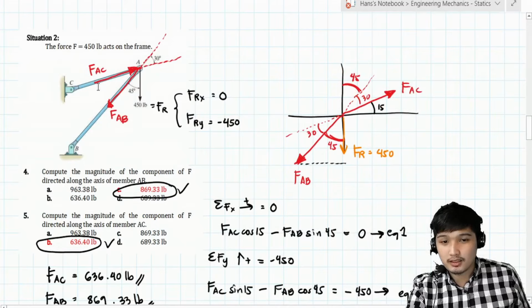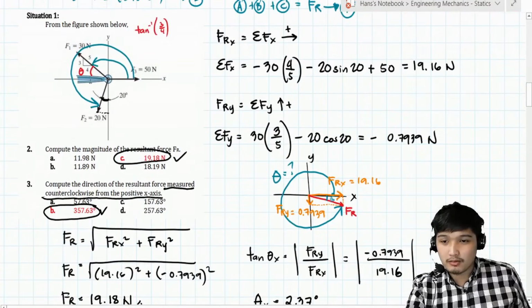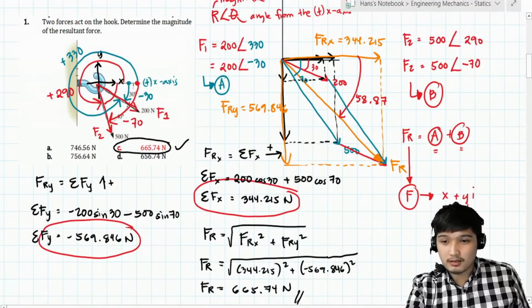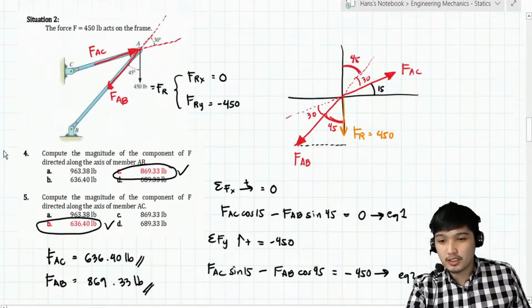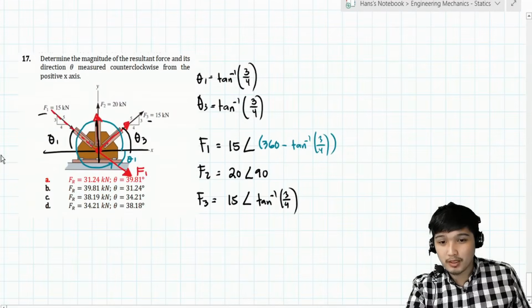Ito, oh. Kinonvert ko siya ng paganito. Okay? Para lang maging valid yung paggamit natin sa calculator. Ganun din. Okay? So, hopefully na-gets mo na critical yon. So, muntik na tayo mahuli ng problem na to.